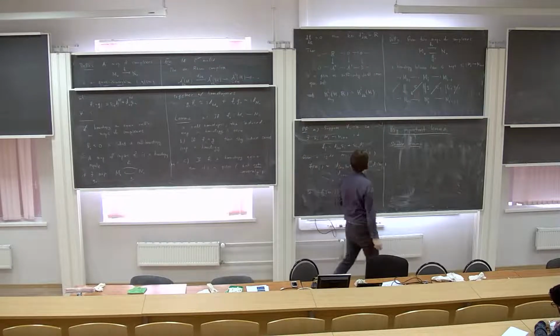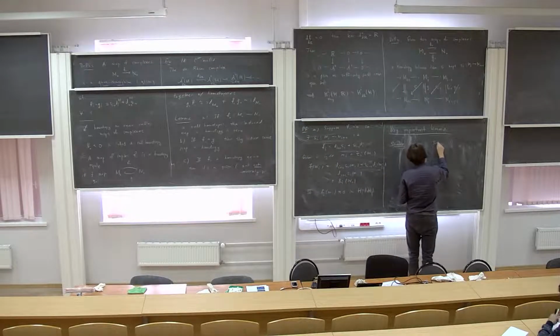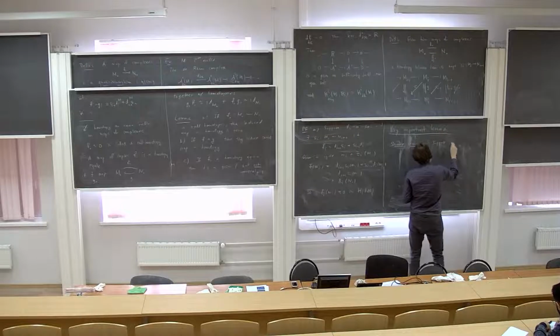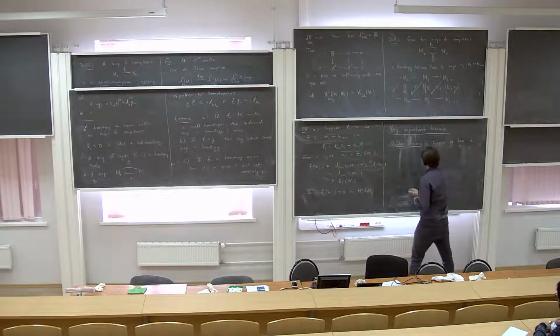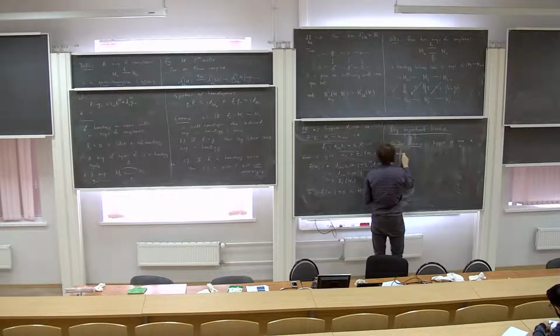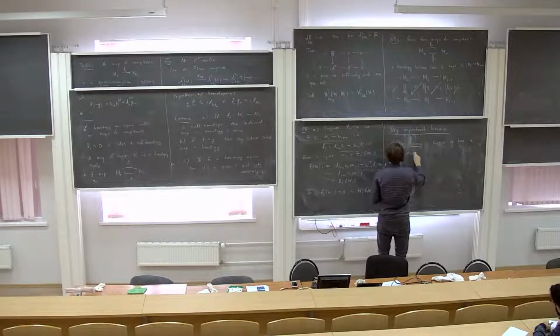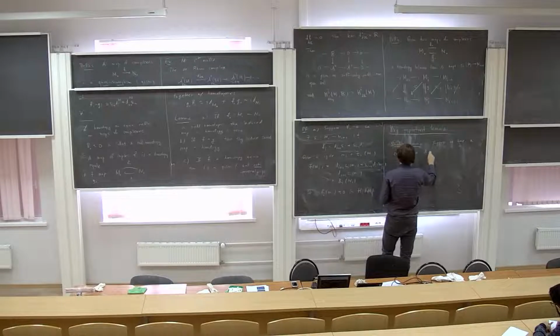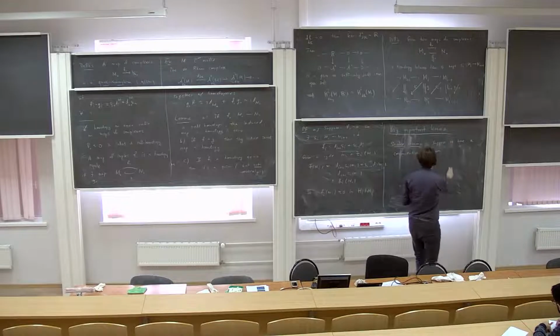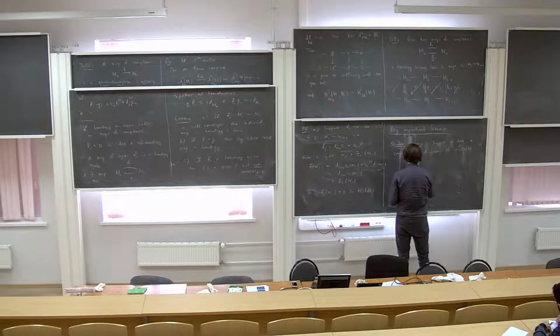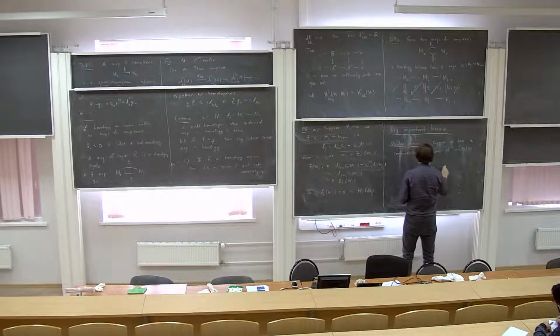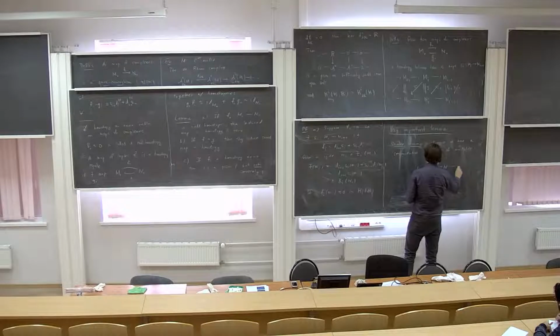Suppose we have a commutative diagram of modules. We'll have L, M, and N, and this will be right exact.